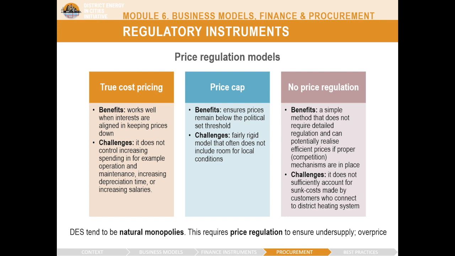This model works well when interests are aligned in keeping prices down. It is a benefit in that it discourages public authorities from using profits generated from district energy supply in other areas of public spending. However, this model does not control increasing spending in, for example, operation and maintenance, increasing depreciation time, or increasing salaries.